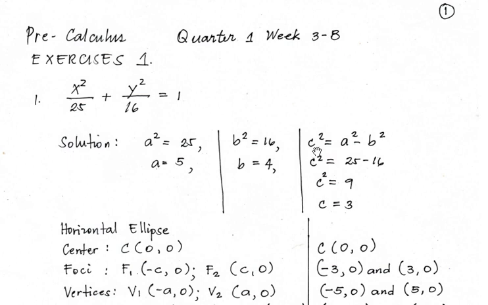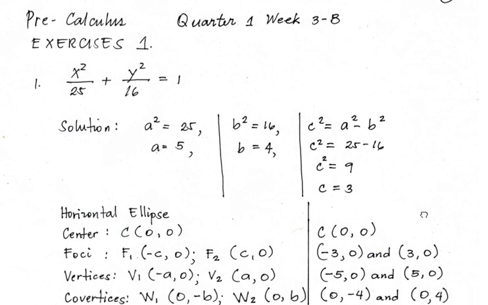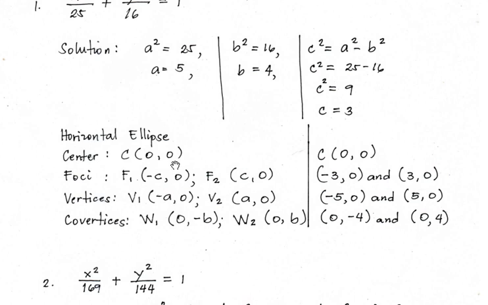And from the equation C squared equals A squared minus B squared, the Pythagorean theorem applies here. Plugging in the values of A squared and B squared, C squared is 9, and finally C is 3. So the center, of course, is at the origin. The foci lie on the value for C. So F1 is (negative C, 0); in this case C is 3. So we have (negative 3, 0) and (3, 0) for the coordinates of the foci.